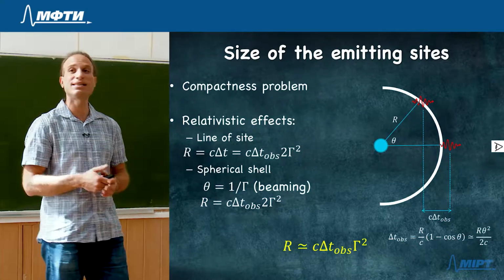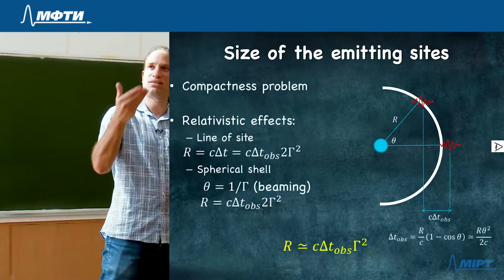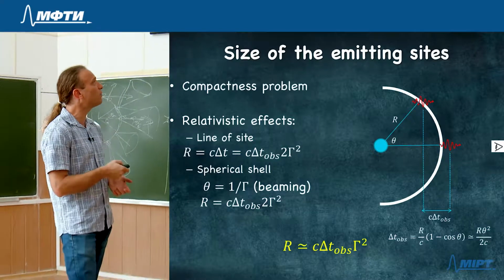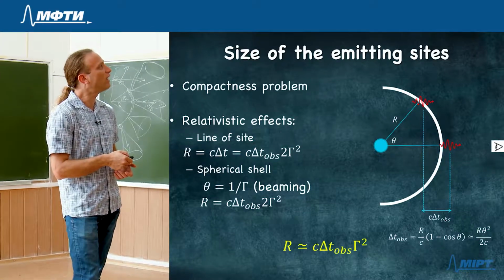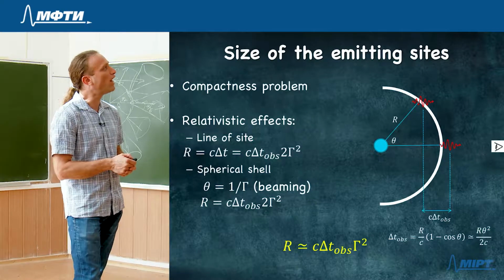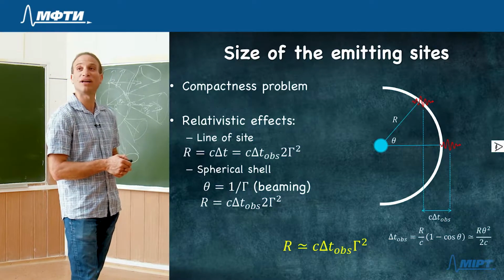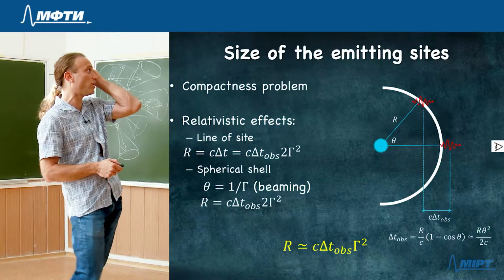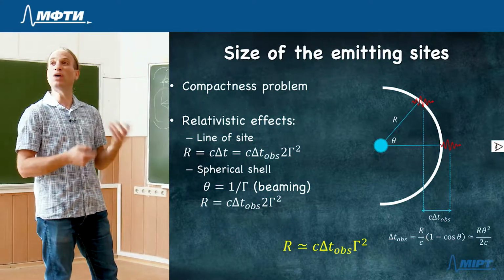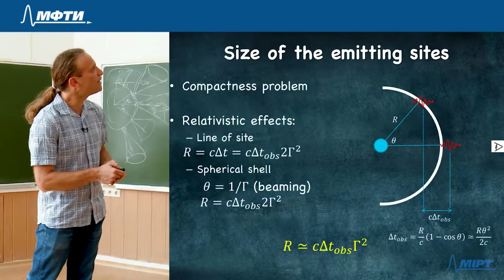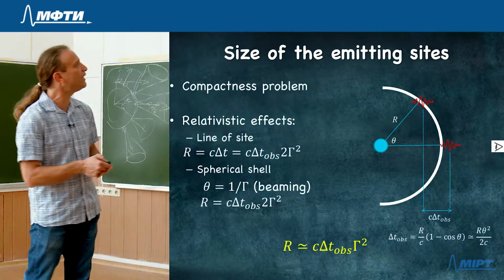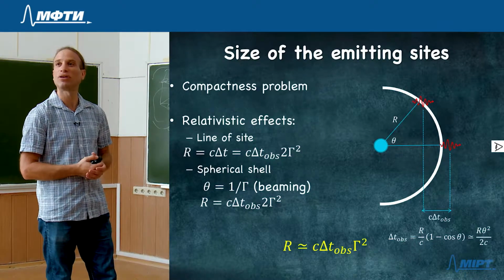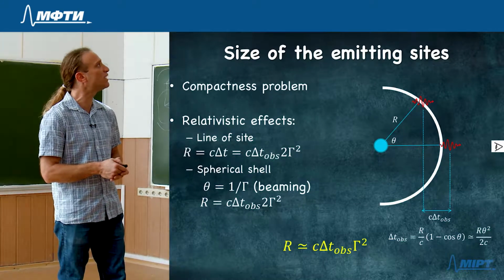Now, if theta is equal to 1 over gamma, and gamma is very large, then theta is very small. So cosine theta I can approximate as 1 minus theta squared divided by 2, which is why I have theta squared divided by 2 here. Since theta is 1 over gamma, I get r divided by 2c gamma square.